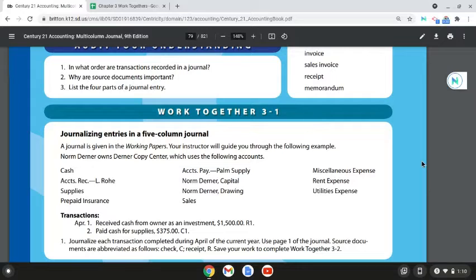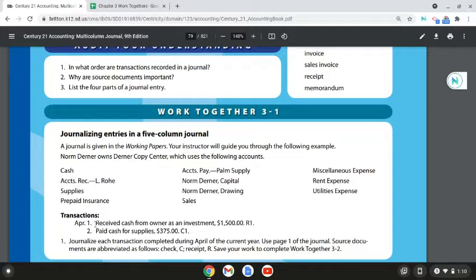Norm Durner owns Durner Copy Center, which uses the following accounts. If you look here, we have a bunch of accounts that are listed: cash, accounts receivable, Lero, supplies, prepaid insurance, accounts payable, Palm Supply, Norm Durner Capital, Norm Durner Drawing, Sales, Miscellaneous Expense, Rent Expense, and Utilities Expense.